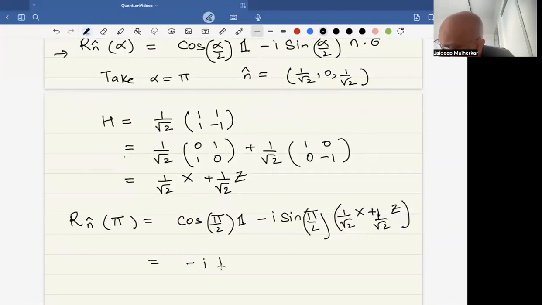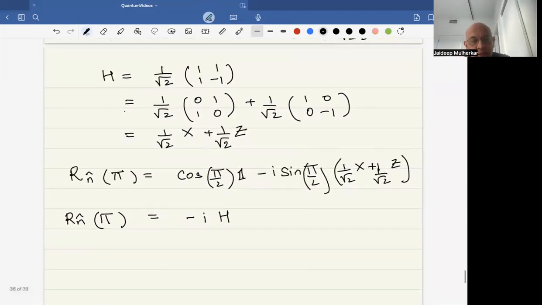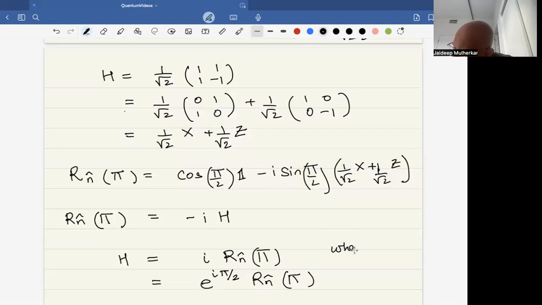So it will get minus i times H. So Rn of pi, where n is this vector 1 over square root of 2, 0, 1 over square root of 2, is minus i times H. So H will be equal to i times Rn of pi, or it will be e to the i pi over 2 into Rn of pi, where n is equal to 1 over square root of 2, 0, 1 over square root of 2.